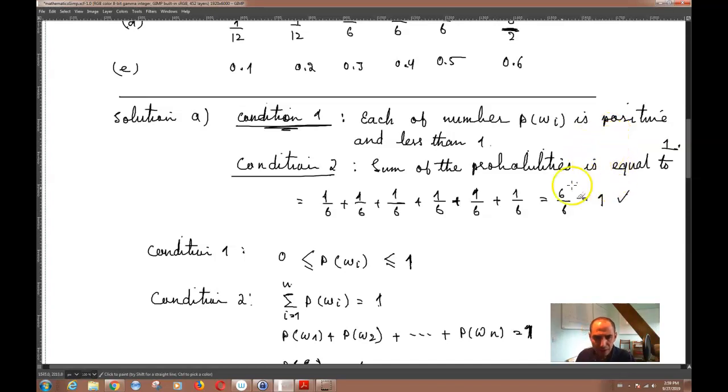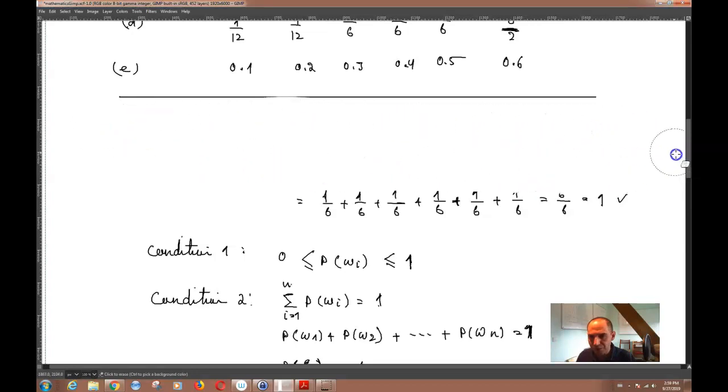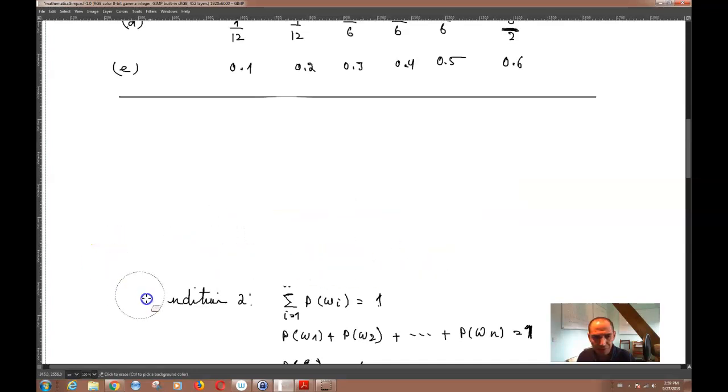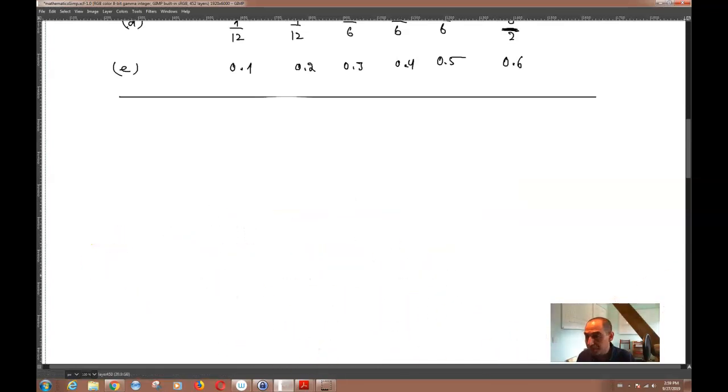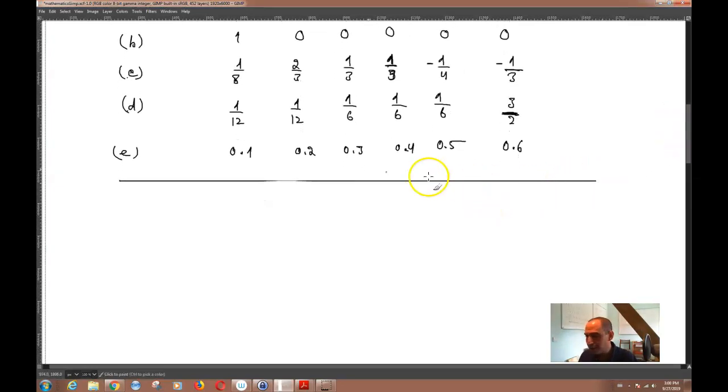Now it seems that the condition that they have used for this case is pretty different. I will explain. So the reasoning that they have used here is for case B.